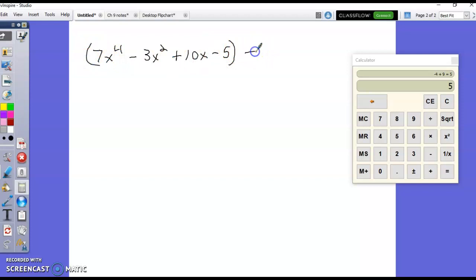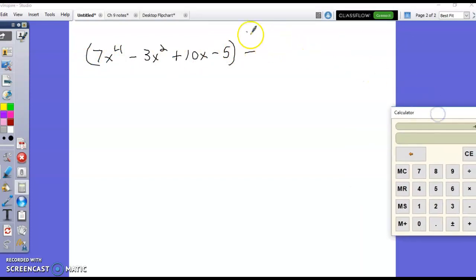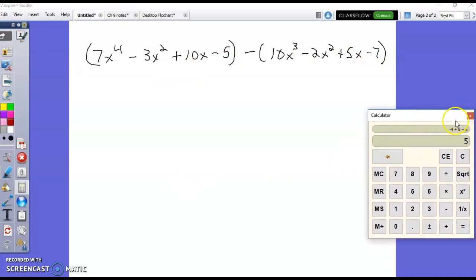And we will subtract from that 10x to the third minus 2x squared plus 5x minus 7. Uh-oh. 4 terms in each of these polynomials. But the skill or the steps remain the same.